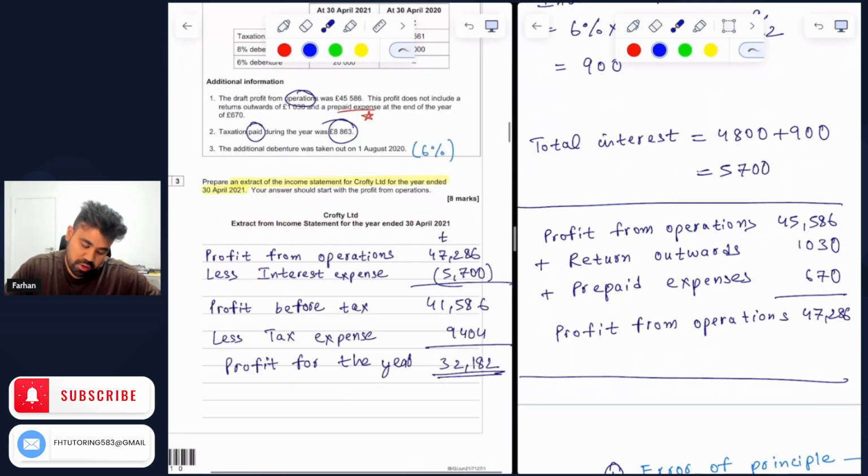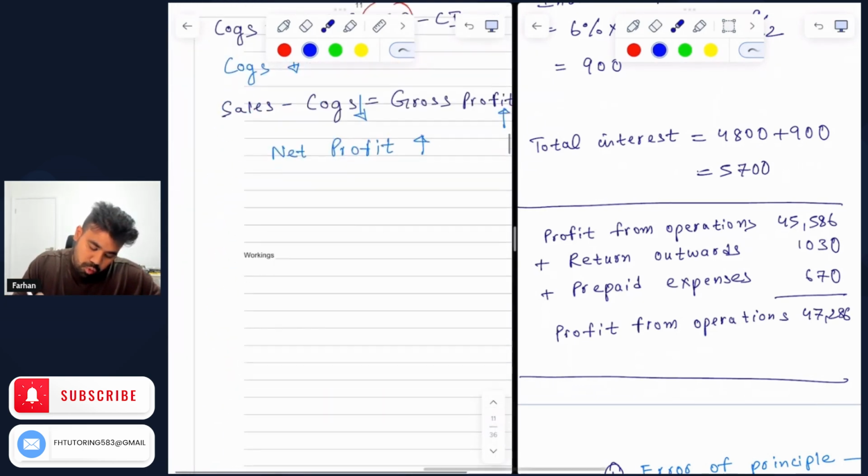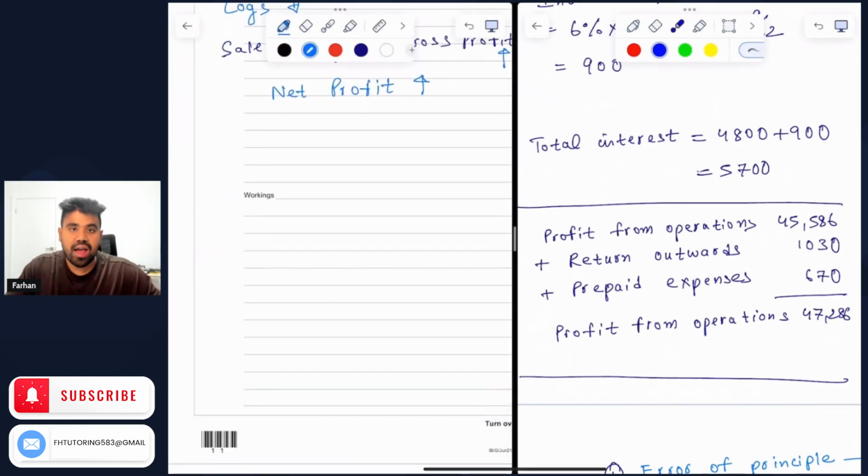Let me show you what's going to happen here. We understand that prepaid expense is a current asset. If we remove the prepaid expense from the total expenses, then our total expenses go down. And if total expenses go down, then again, net profit should go up.